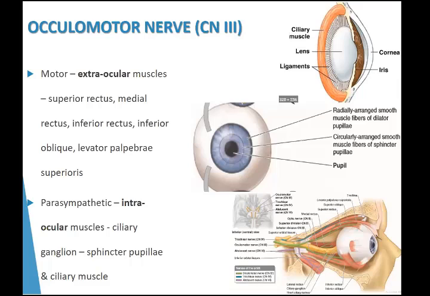It was all sensory, completely sensory, concerned with vision. Optic nerve is purely concerned with vision. It is a purely sensory cranial nerve. Okay? So when we make a list of sensory cranial nerves, so आपकी second cranial nerve, your optic nerve, is the sensory, purely sensory cranial nerves.